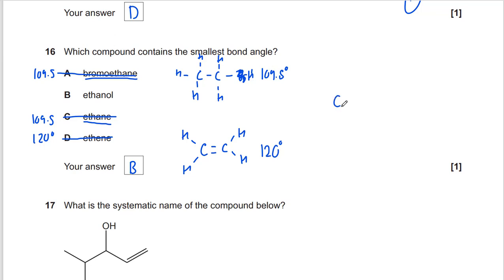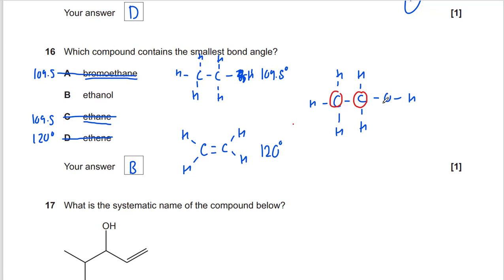So we know it's ethanol, but let's show why it's ethanol. On the face of it, you might wonder what the difference is between that and ethane. In ethanol, this carbon is the same as in ethane, 109.5. This carbon is the same as in ethane, 109.5.